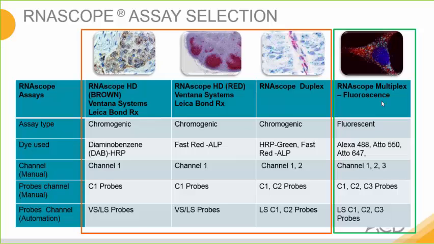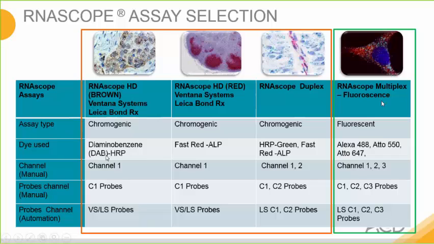The chromogenic assays include chromogenic brown, chromogenic red, or the duplex assay. They're based on either the HRP, horseradish peroxidase, or the AP, alkaline phosphatase chemistry. The red and brown assays are very similar. The brown is the HRP-based assay, and the red is an AP-based assay.